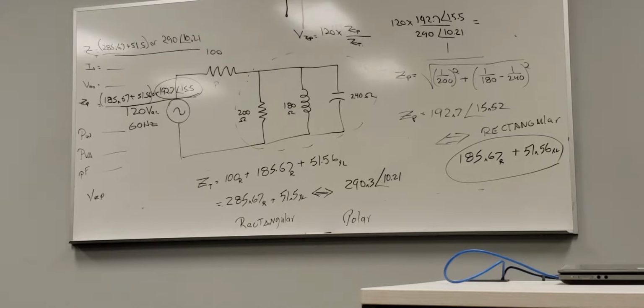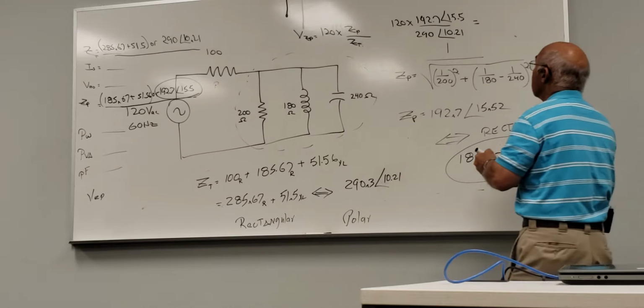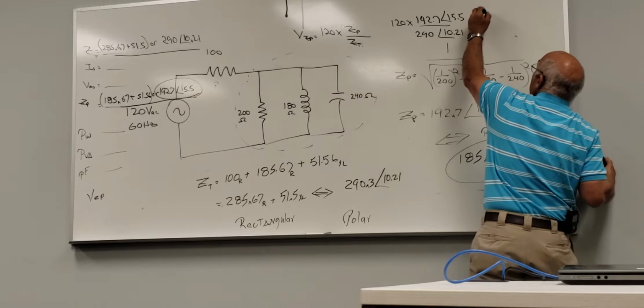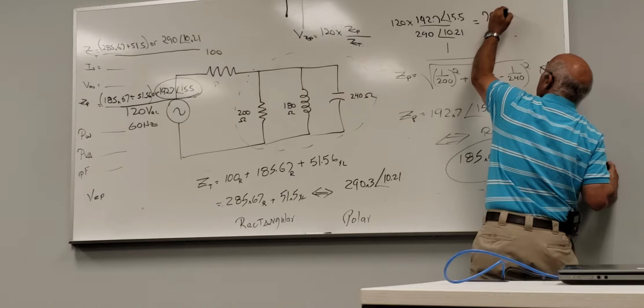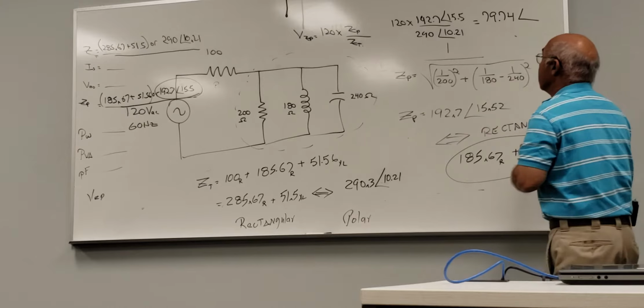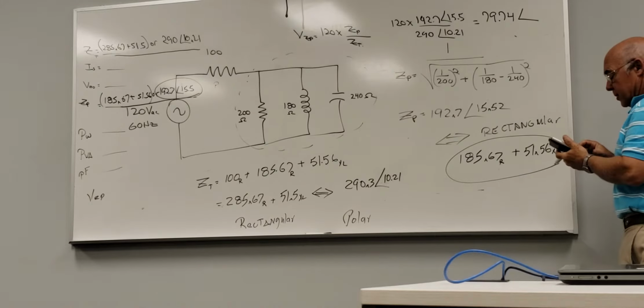So 192.7 divided by 290 equals 0.66 times 120 gives me 79.74, and an angle of 15.5 minus 10.21.